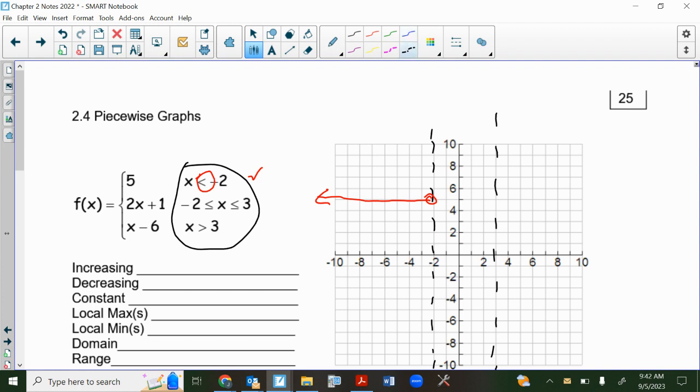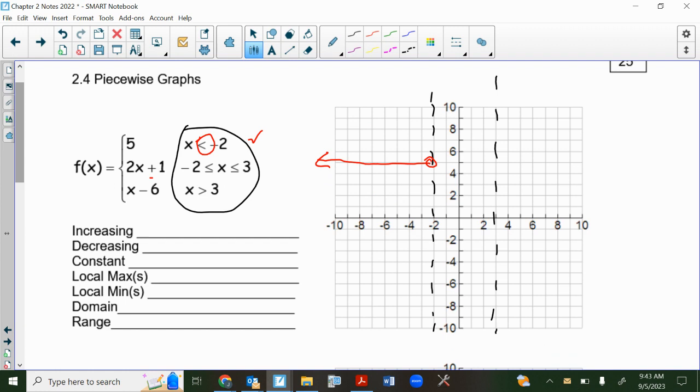Now I switch to the middle one, -2 to 3. Especially if it's a line, I would just plug in these two values, because that gives you the two end values of it, and then you just connect them in a straight line.